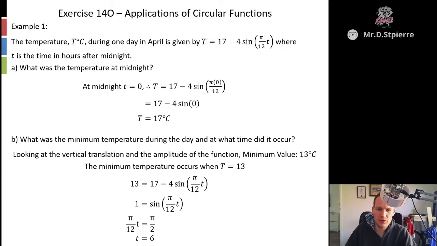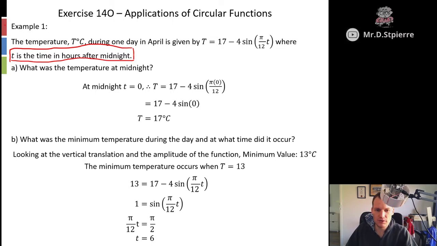In any applied problem, this sort of information is key, because it gives us a frame of reference. All the questions are going to ask, what is the temperature at 2 p.m.? What's the temperature at 3 p.m.? When is the temperature 13 degrees?